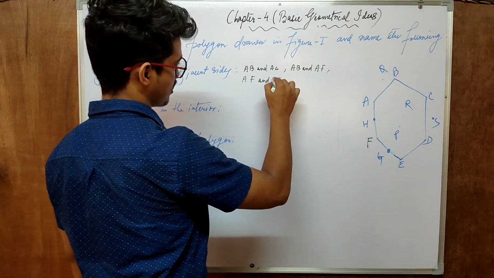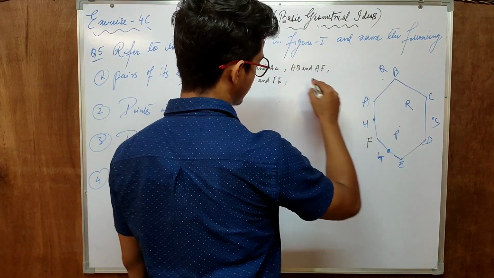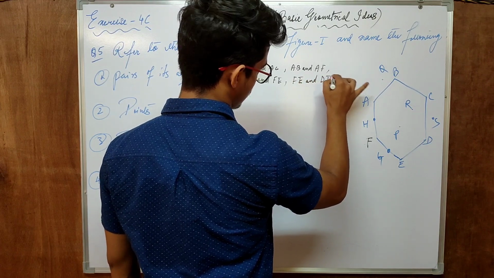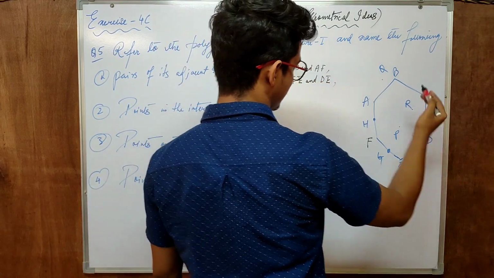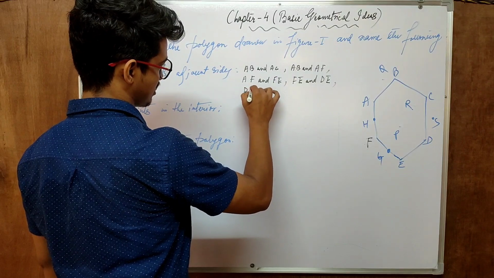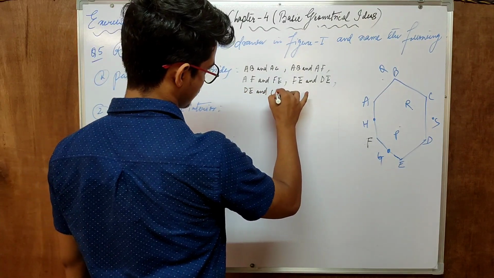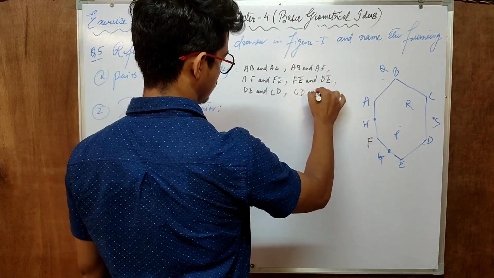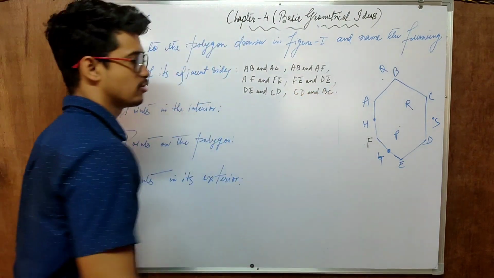Next will be FE and DE. Fifth one will be DE and CD. And last one will be CD and BC. Is it clear how to find out?